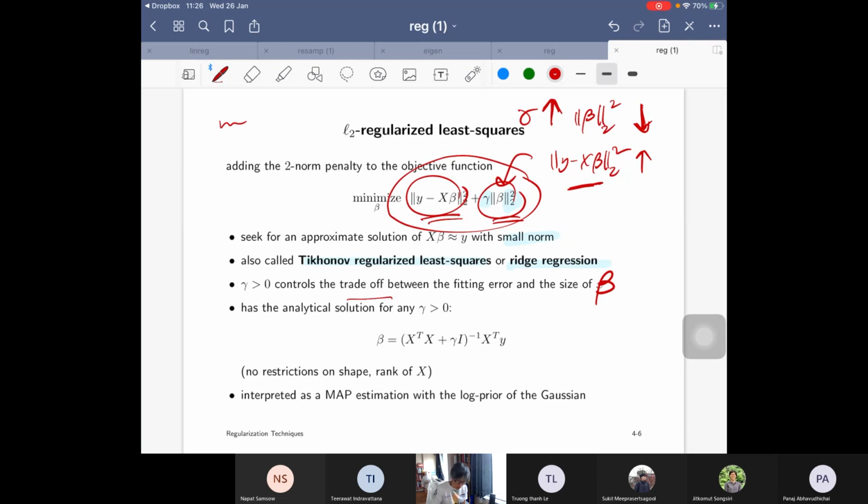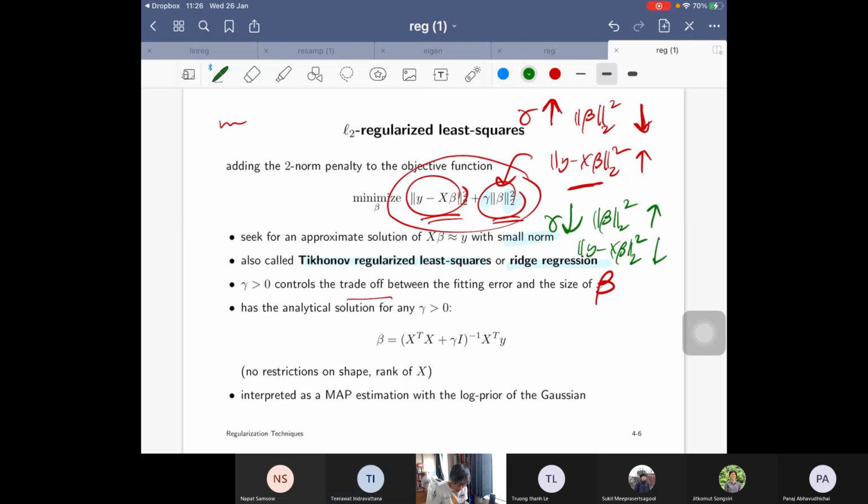If gamma is less, Thirawat, then beta squared is bigger, and the prediction error squared is smaller.